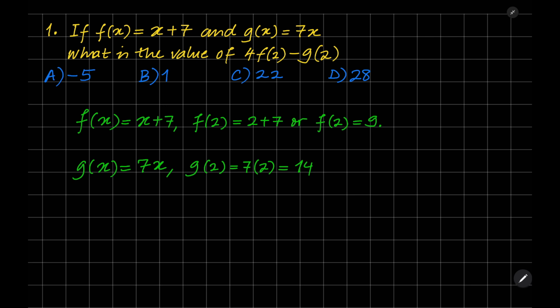The value of the expression 4f(2) minus g(2) can be found by substituting the corresponding values into the expression, which gives 4 times 9 minus 14.